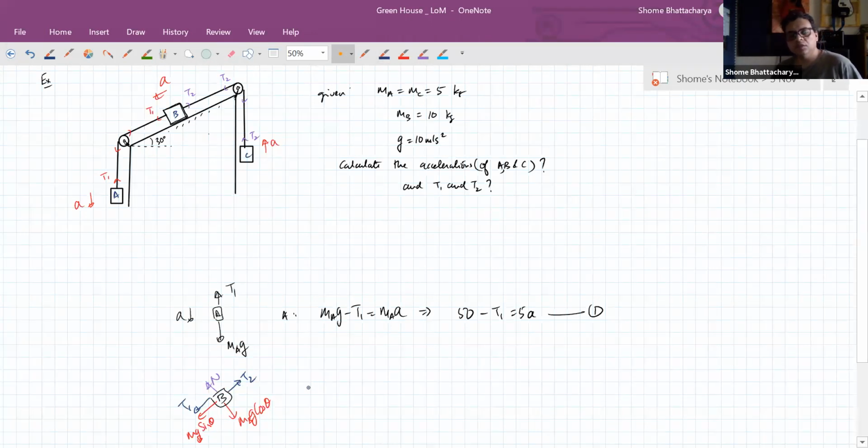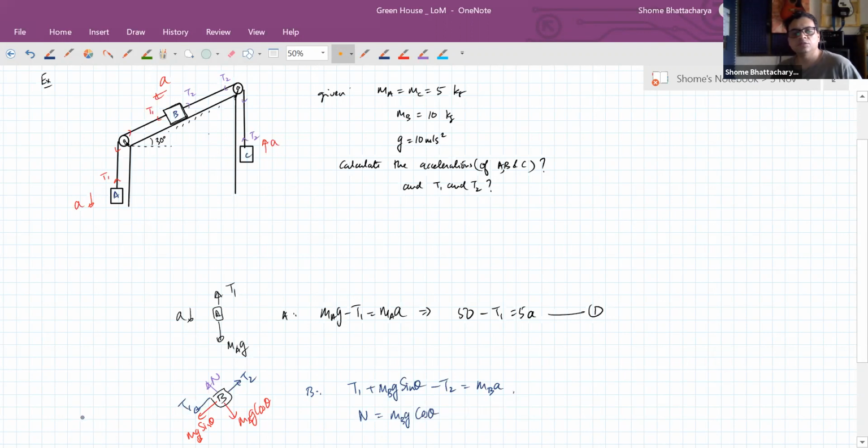So for B, the equation you will have is that T1 plus the weight's sine component minus T2 is the net force along the inclined plane. So that is mass into acceleration. Whereas you'll also have that normal reaction balances the weight's cos component.